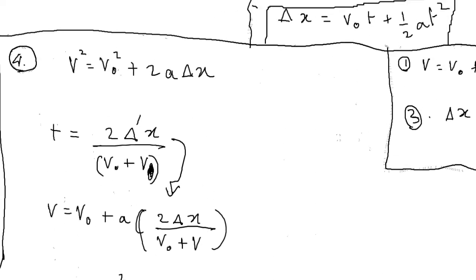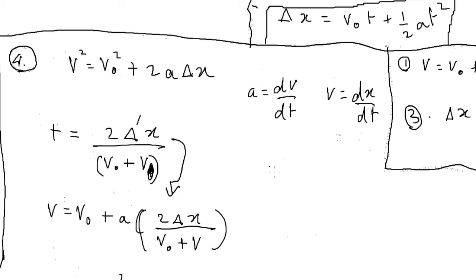Now, to solve using calculus, we can use the previous two expressions that we got for the previous equations. Acceleration is equal to dv dt, and velocity is equal to dx dt. Since we're trying to get rid of time, let's solve for dt on both equations and equate them to each other.